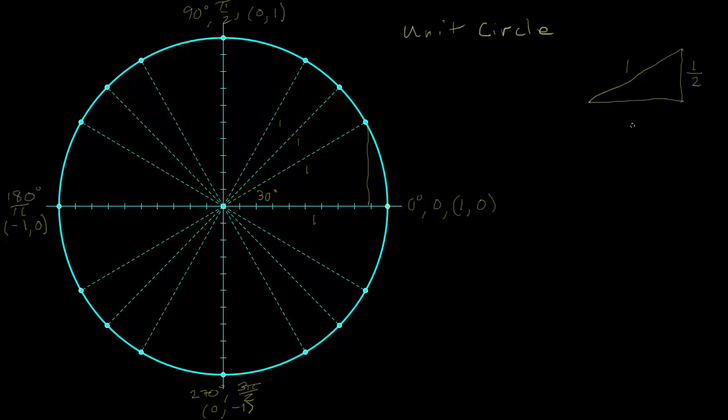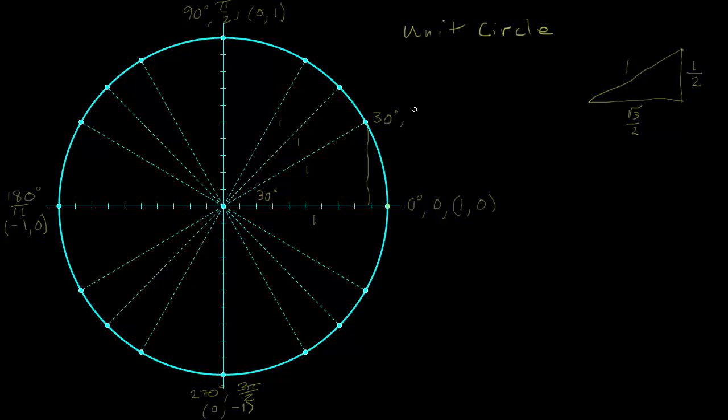And the long leg is √3 times the short leg, so this is √3 times 1/2, or √3 over 2. So this angle here is 30 degrees, or this point represents the point where we rotate the radius 30 degrees.